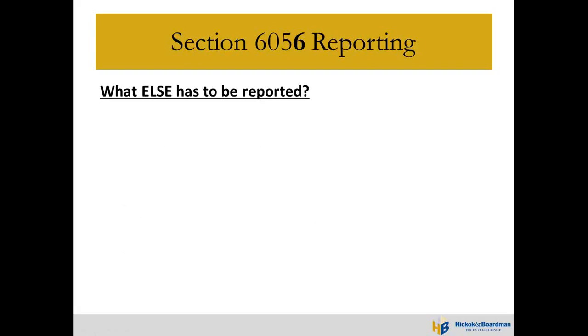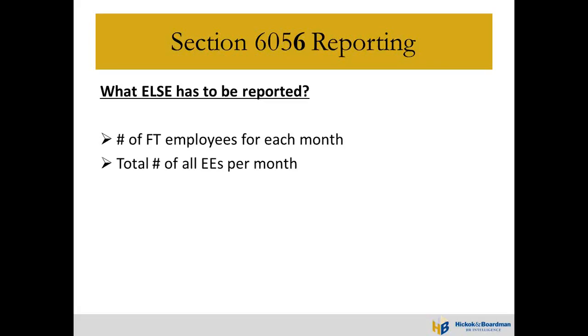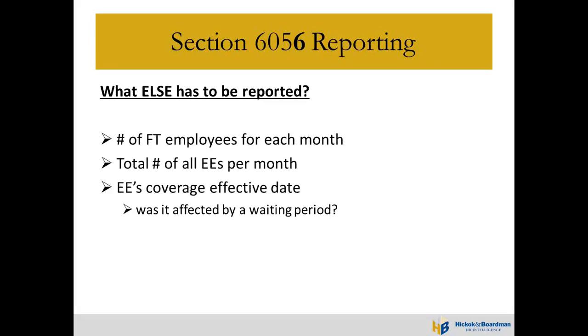Other information that's going to have to be reported to the IRS, the number of full-time employees for each month, the total of all employees for each month, and then the employee's coverage effective date, and was that affected by a waiting period. Now, we know that when you hire somebody and you know that they are full-time benefit eligible employees, you have that 90 days that you have to offer them coverage.